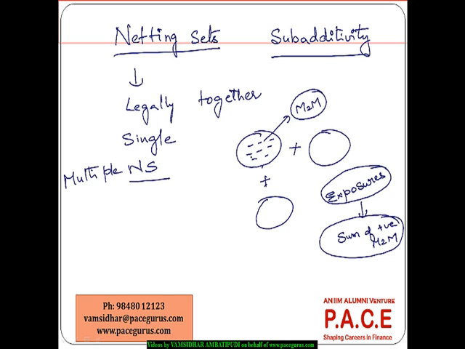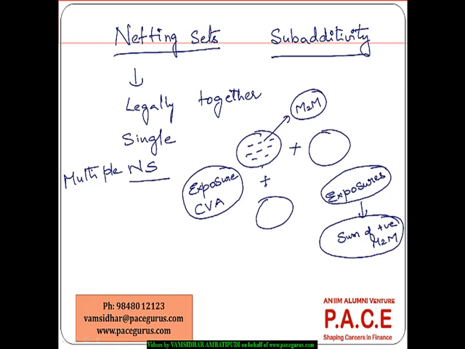So within a netting set, if I'm talking about the exposure, I can't add the exposure directly. Or if I'm talking about credit value adjustment, CVA, which we'll try to determine slightly later, they are not simply additive. So to some extent, it is reducing the overall risk, right?